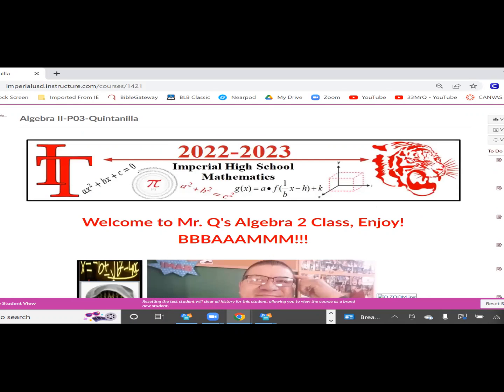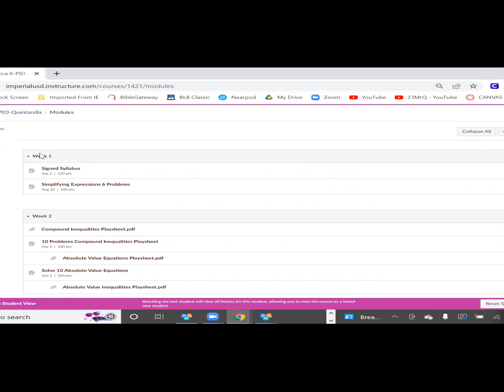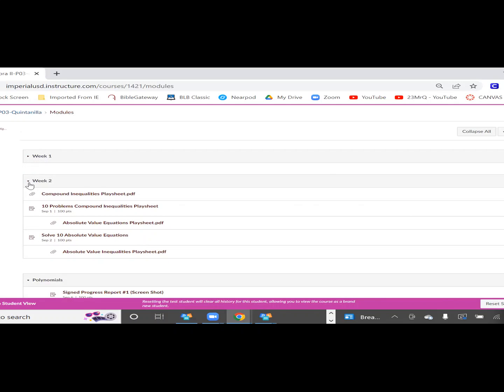On the top left, we have the buttons Home, Modules, Grades, and Nearpod. For home play from this point forward, most of the time I'm going to ask you to go to Modules. You click on Modules, and you should have 3 folders. One for week 1, collapse that one. Week 2, we're done with week 2, collapse that.